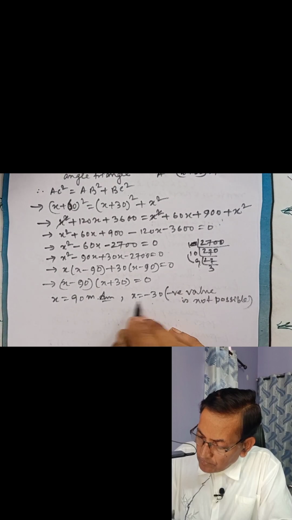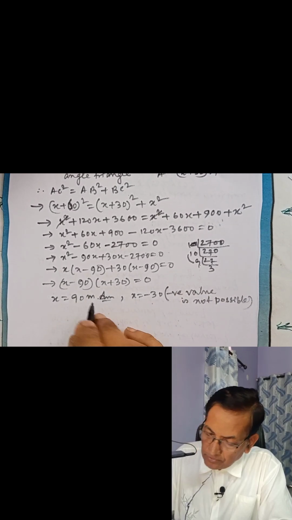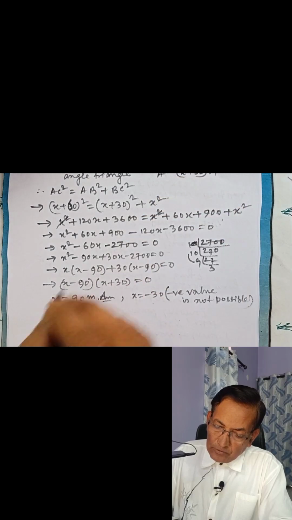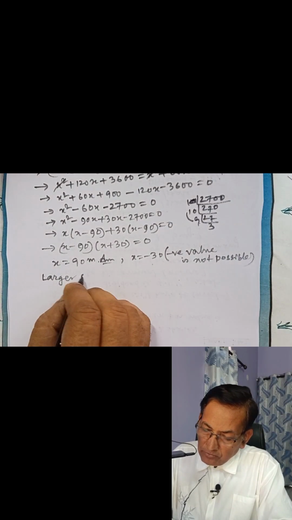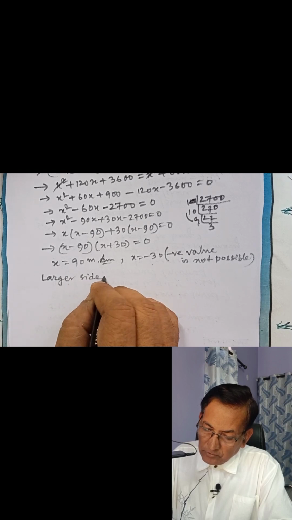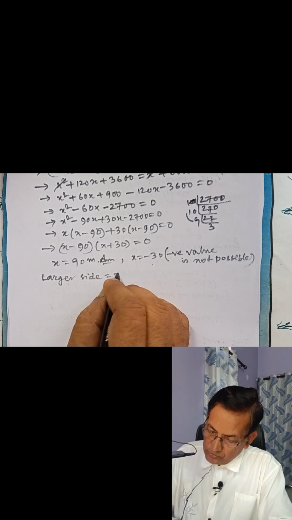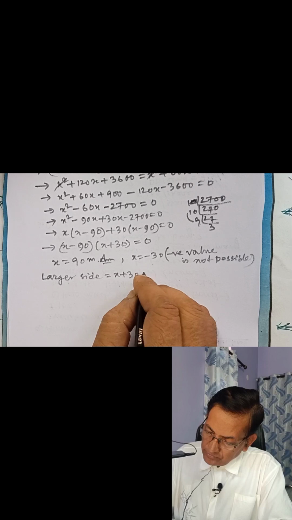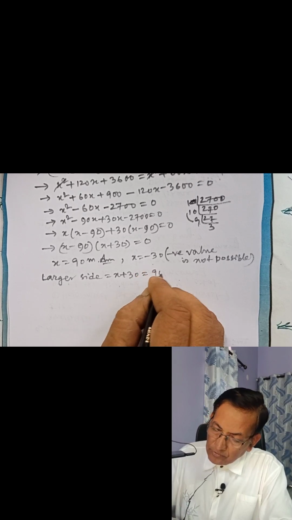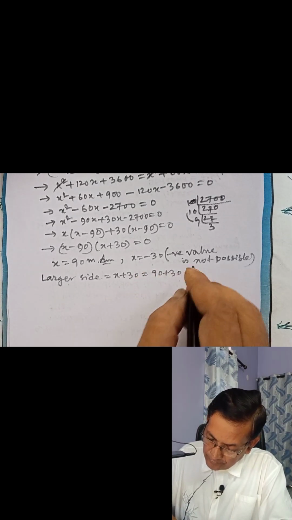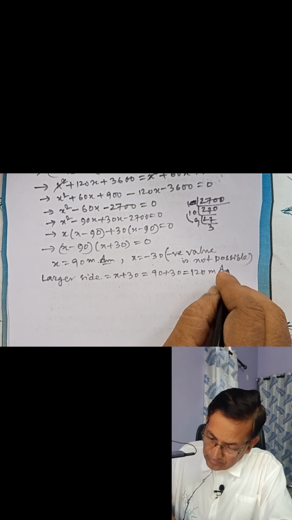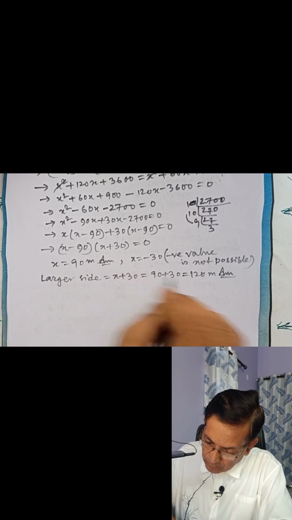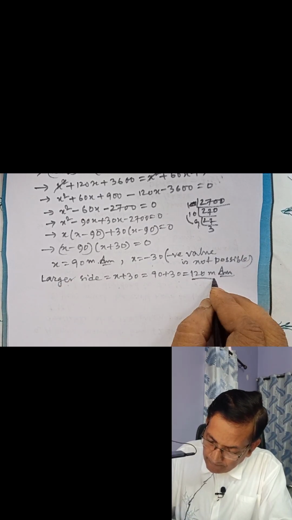The smaller side is x, 90 meters. So the larger side is x plus 30, which is 90 plus 30, is equal to 120 meters. These are the two sides, 90 meters and 120 meters.